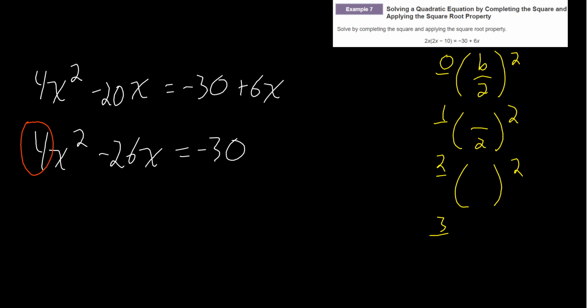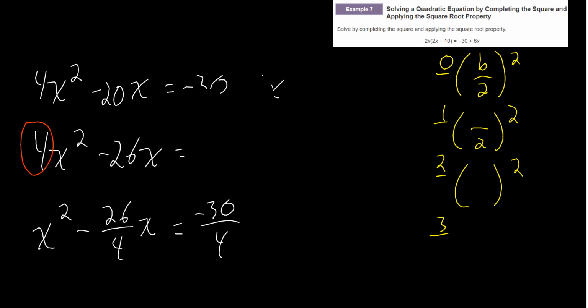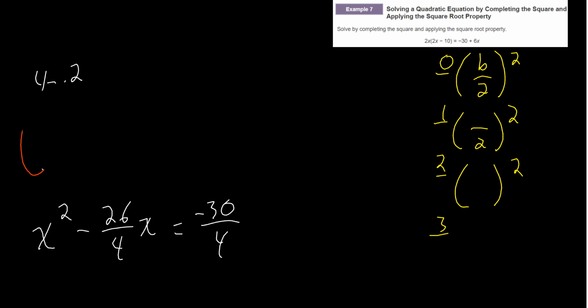We're going to have to divide everything by 4. And by dividing everything by 4, this ends up being an x squared minus, well, 26 over 4. We'll reduce it here in a minute. And that's equal to a negative 30 over 4. Okay, so I said we'll reduce it here in a minute, so we're going to reduce it and put it at the very top because that's how we work things out, right?